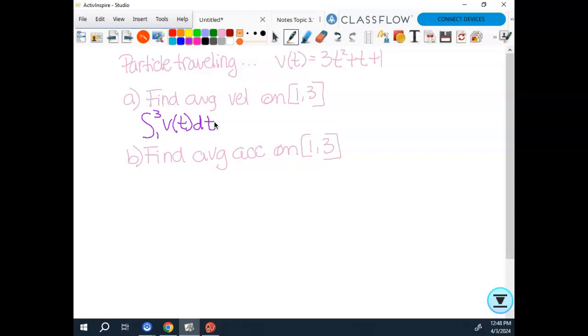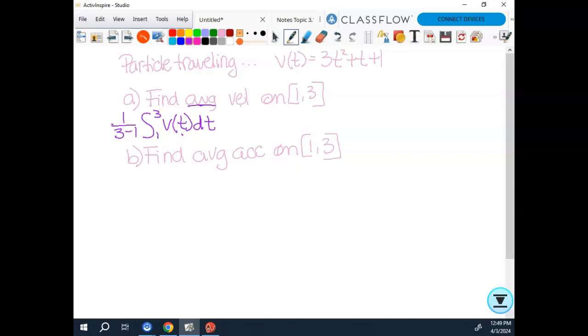And if I want average velocity, and I don't have information about the position, then I put this 1 over what? 3 minus 1. B minus A, which is 3 minus 1. So average velocity, I can integrate velocity and then divide by the change in time, right?